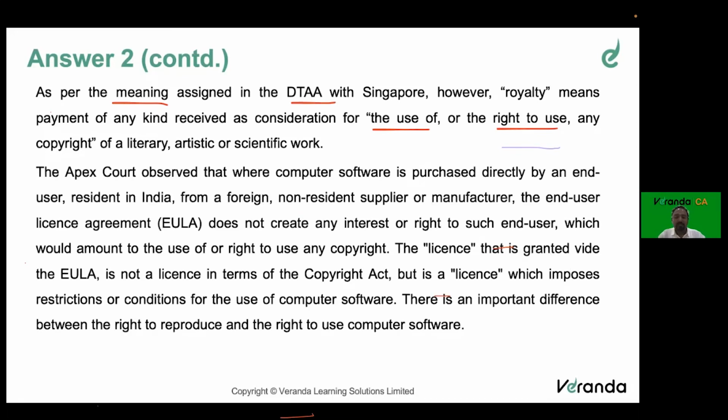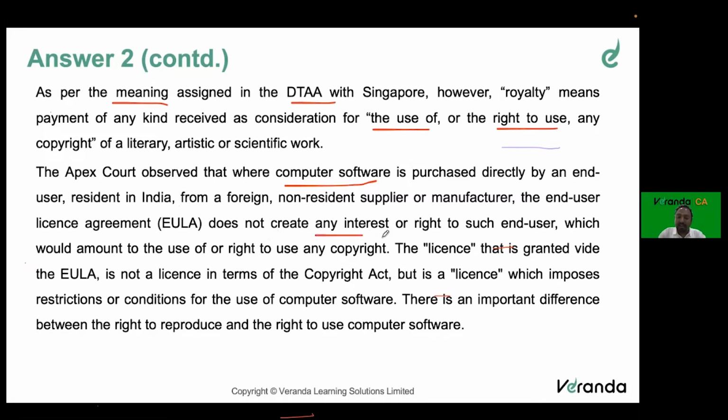The court said, see, the computer software is purchased directly by an end user, through an end user license agreement, from a non-resident. The end user does not create any interest. By just signing that agreement, I don't create any ownership on that particular thing.